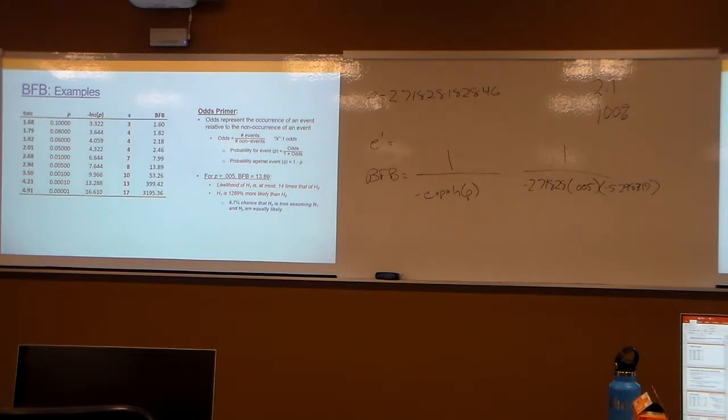But if we go back through and take a look at our probability, even at p = 0.005, there's still about a 6.7% chance that the null is true, assuming that the null and the alternate hypotheses are equally likely. Okay?